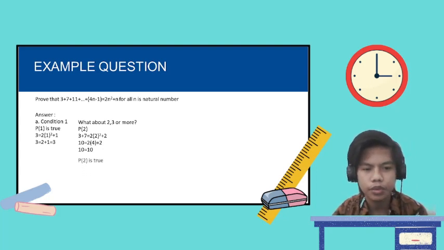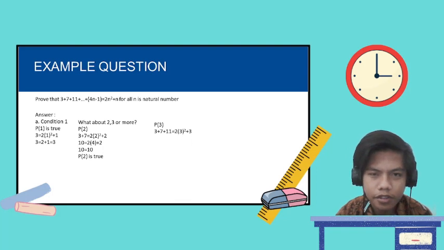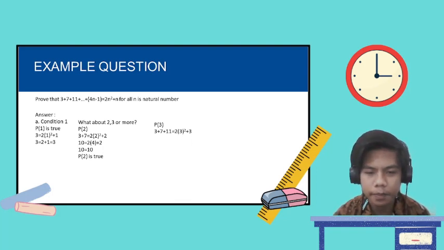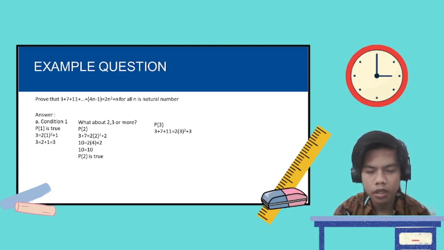So P2 is true. And P3 is 3 plus 7 plus 11. So we have 3 from the first term, 7 is the second term, and 11 from the third term. And that equals 2 times 3 squared plus 3. We know that n equals 3.